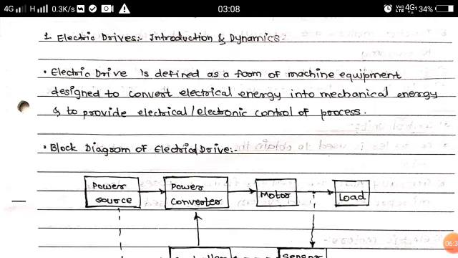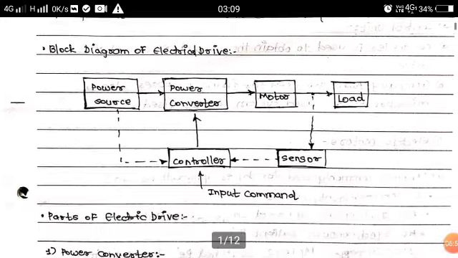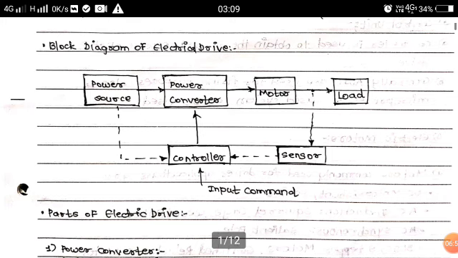Afterwards, if no further command is given, then the speed remains the same. So this is a very simple example of how any drive works in closed loop. Obviously it is a system, and a system consists of various parts. So let's see the block diagram of the electrical drive.